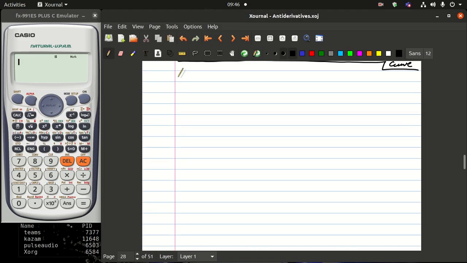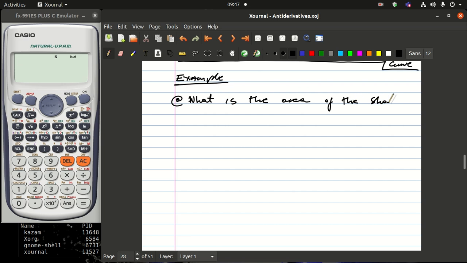Let's start with the first example here, so that we can see what we're actually talking about. The first question is saying, what is the area of the shaded rectangle on the interval?